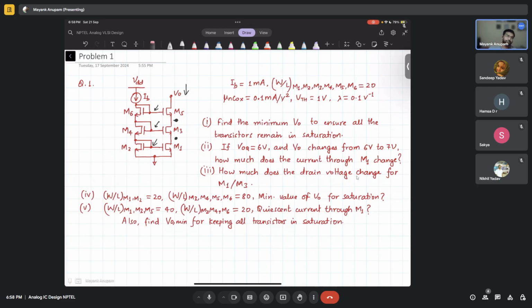So basically, what will be the minimum voltage here? This is VD sat 1, right?